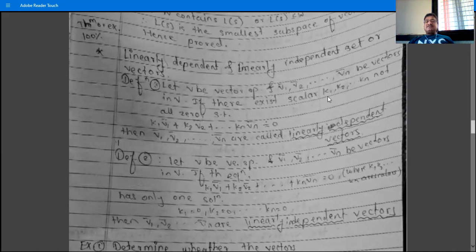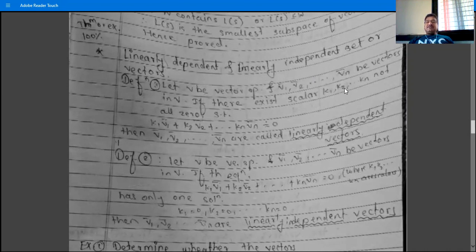If there exist scalars k1, k2, ..., kn, not all 0, such that k1 v1 plus k2 v2 plus ... plus kn vn is equal to 0, then v1, v2, ..., vn are called linearly dependent vectors. Suppose S is the set of v1, v2, ..., vn.